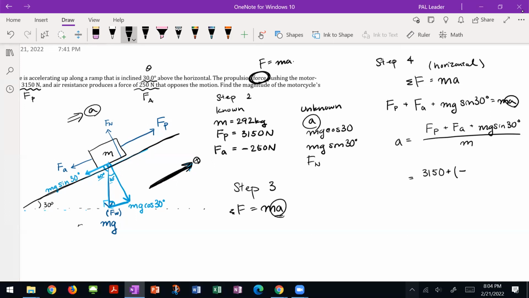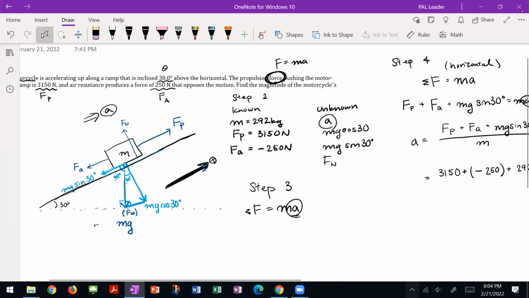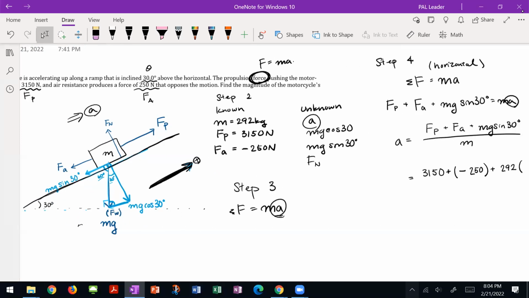So that means that's going to be negative 250 plus mg, mass is 292. Gravity, if going this way is positive, I mean, okay, a little thing about the signs.